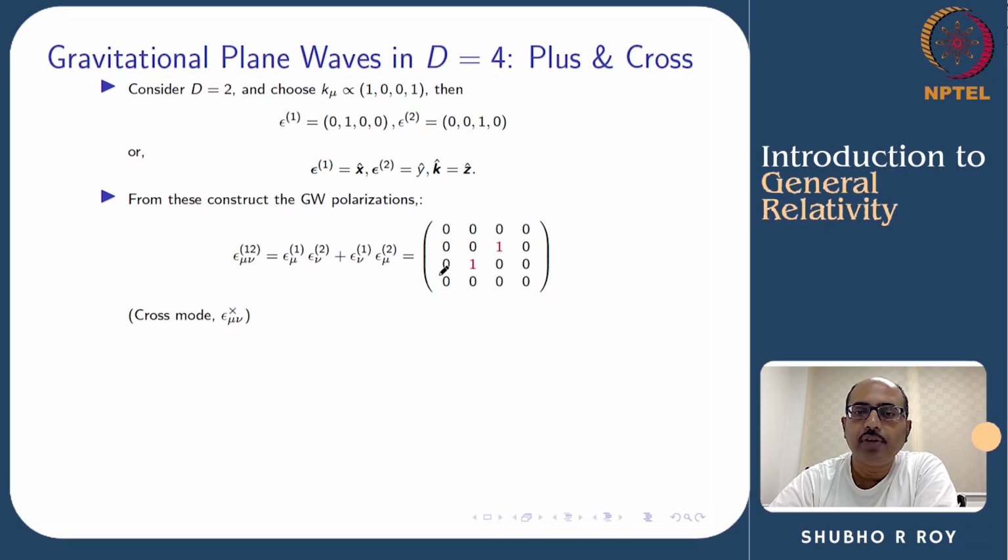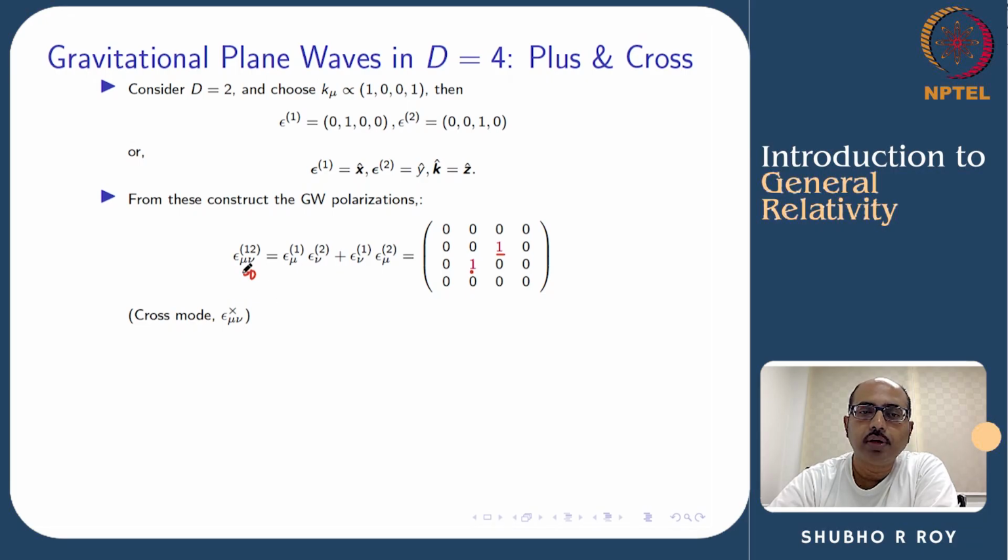And you can fill out this matrix by looking at various components. For example, let's look at the 0, 0 component. If we consider the 0, 0 component, none of them have any temporal component, so this is 0. In fact, it will turn out most of them are 0 except for the 1, 2 component and 2, 1 component.